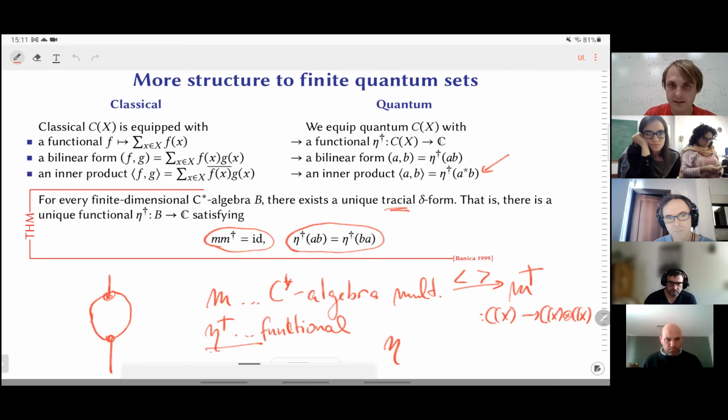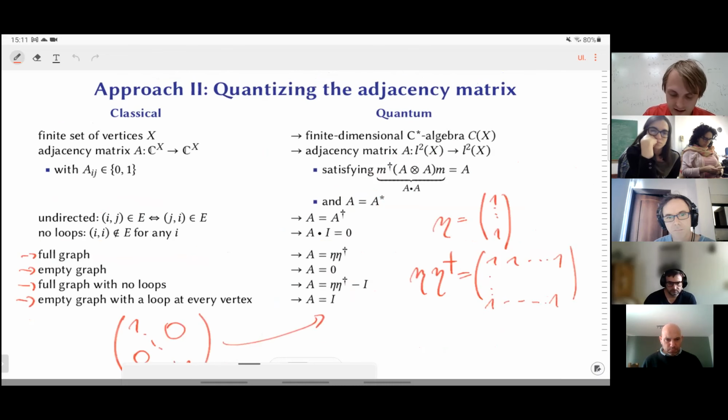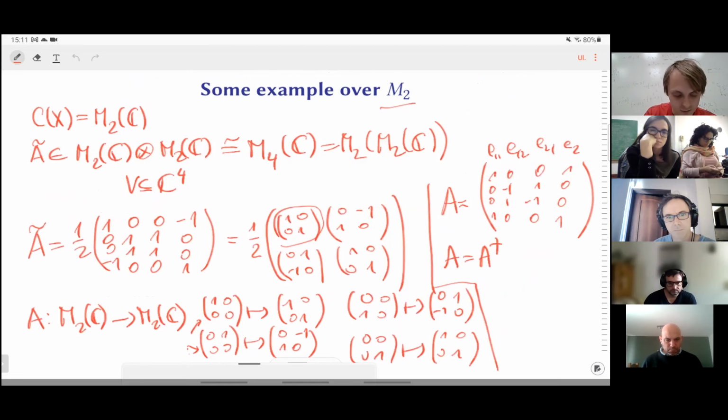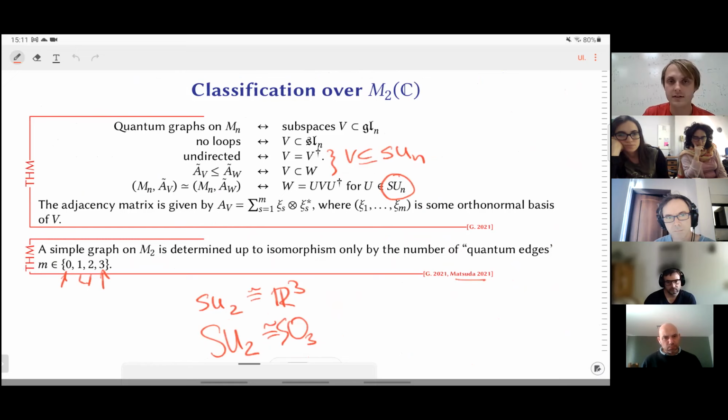So he considered also non-tracial delta forms, and this way he was able to prove a similar theorem, but in a non-tracial setting, and he also studied the quantum automorphism groups. He explicitly computed them, and there you see the Q-deformations of the classical, I think, orthogonal group or something like that.